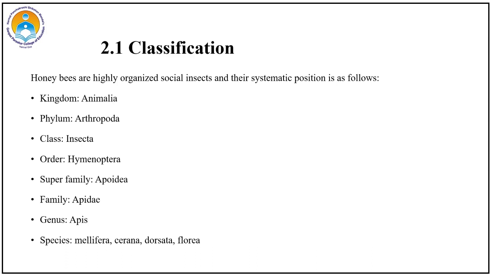Now let's start with classification. Honeybees are highly organized social insects and their systematic position is as follows. This classification was given by a well-known naturalist Linnaeus. So let's start with the classification. The kingdom is Animalia.